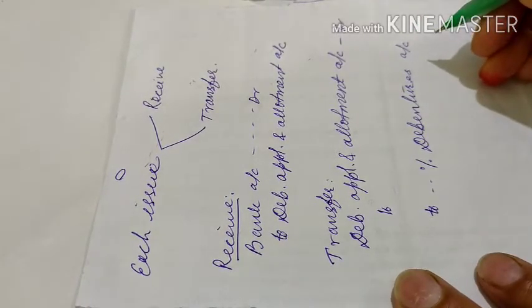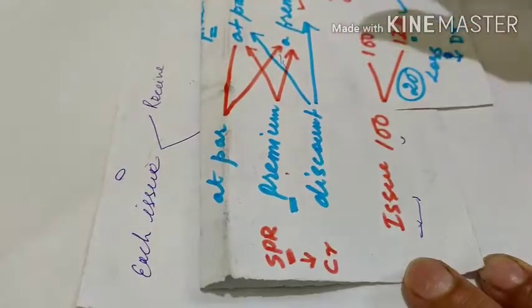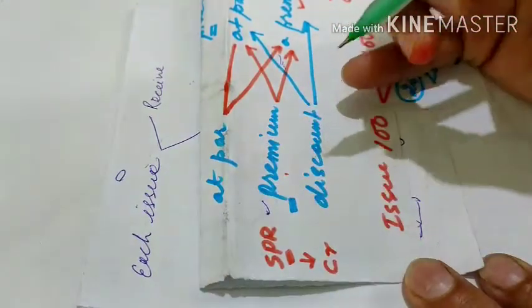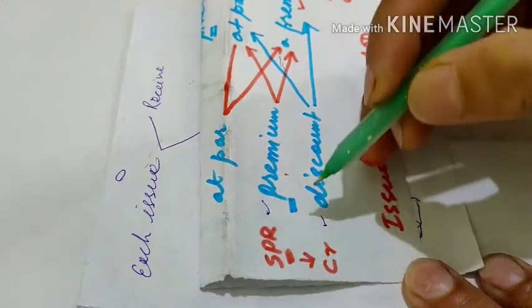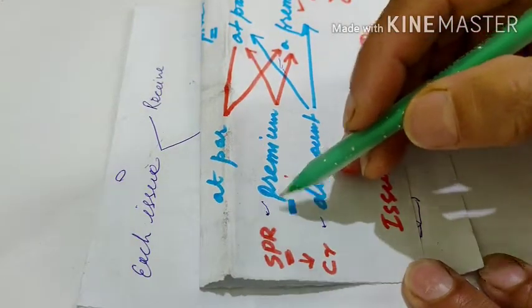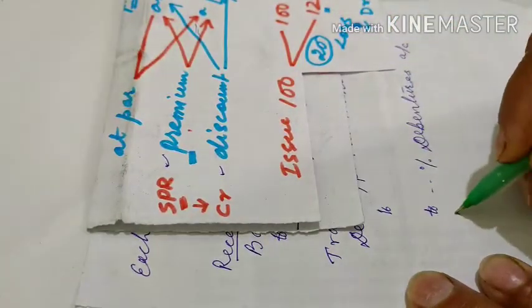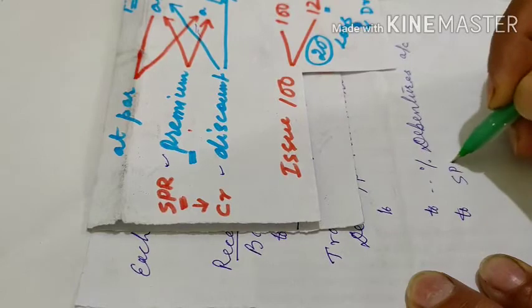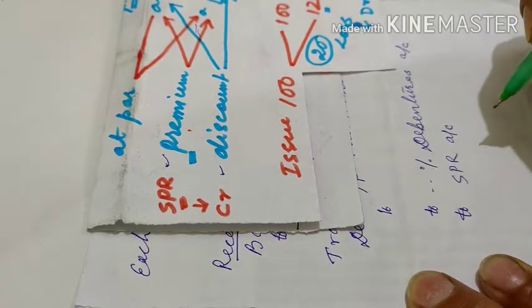Then you have seen previously that the issue can be at a premium or issued can be at a discount. If it is premium, we'll use the word SPR, and SPR is credit. So here we will have to SPR account.